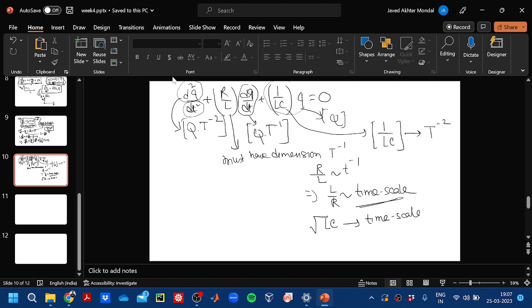So we have here two time scales. What are the two time scales? If there is no resistance, I mean for a pure LC circuit, we have this term and this term. So in that case the only time scale present in the system is this. This time scale corresponds to our oscillation time scale.